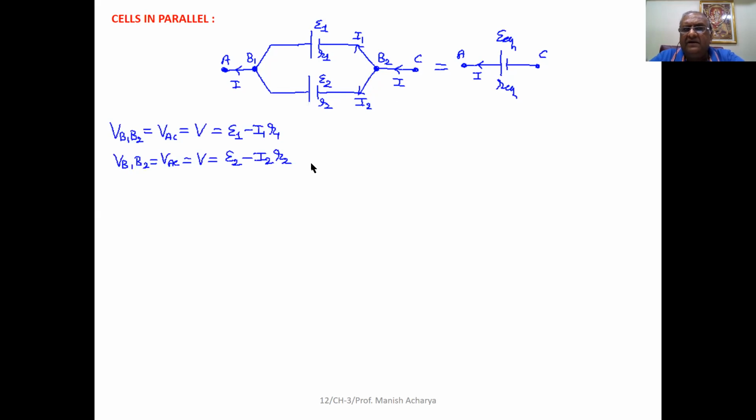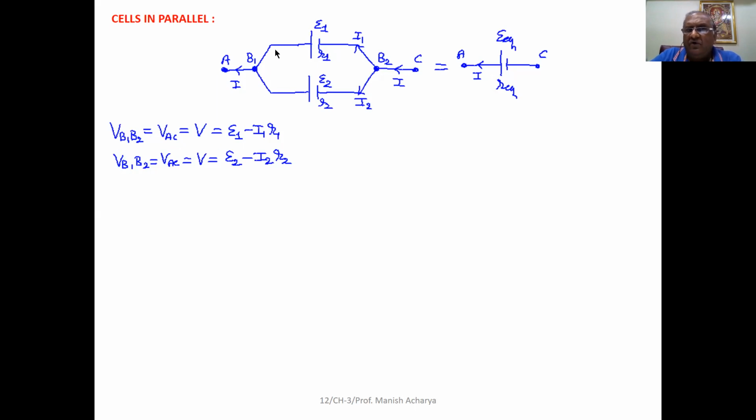Then here the potential difference between B1 and B2, we can write VB1B2, is the same as that across A and C, because between A and B1 as well as between B2 and C, there is no other component. So whatever is the potential difference between B1 and B2, the same one is there between A and C. So we can write VB1B2 equal to VAC, and say it is V.